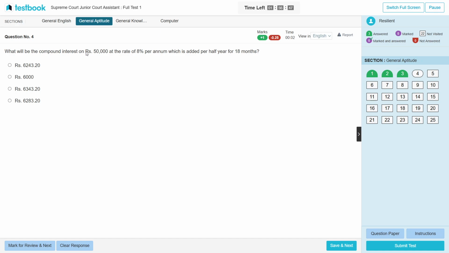What will be the compound interest on rupees 50,000 at the rate of 8% per annum which is added per half year for 18 months?